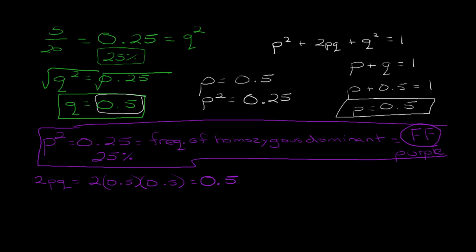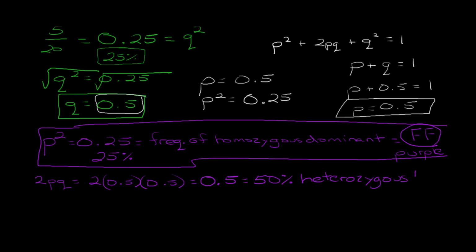All right, so what is that telling me? Let's turn that into a percentage. I'd multiply it by 100 to turn it into a percentage. That means that 50% of the population of these birds is going to be heterozygous. This middle part of the equation, the 2PQ, calculates the frequency of heterozygous individuals.